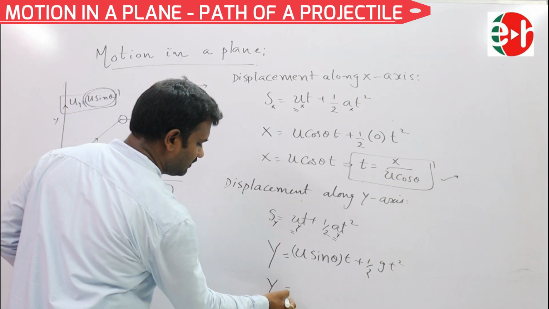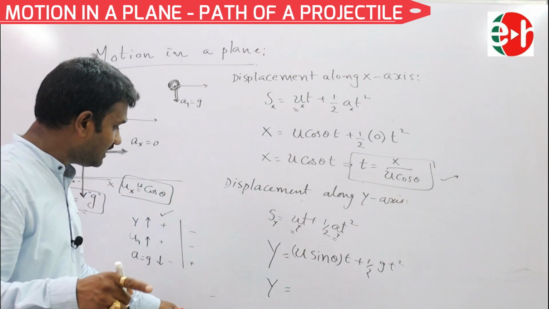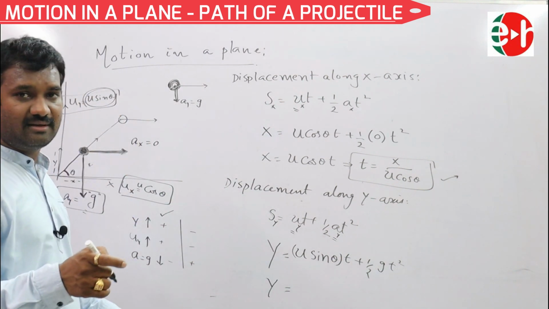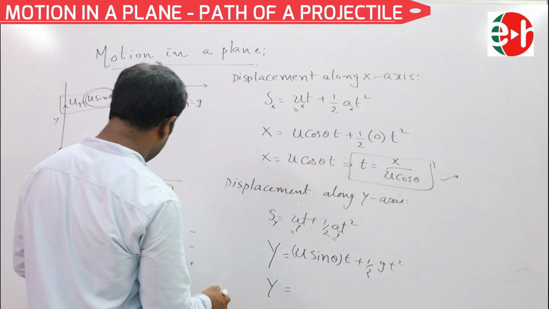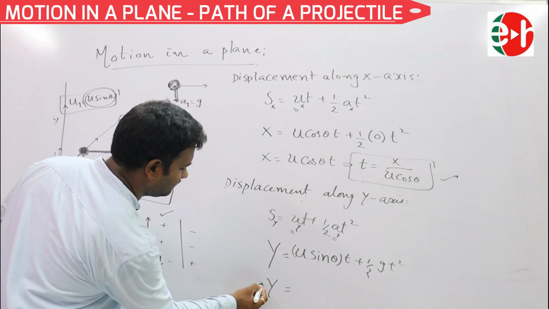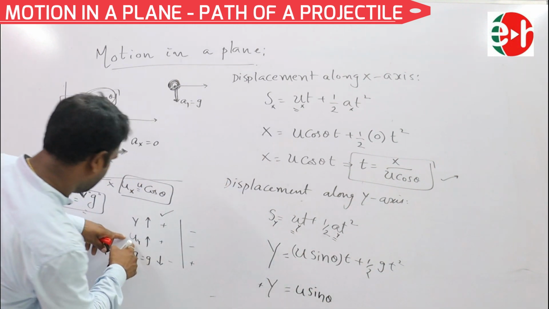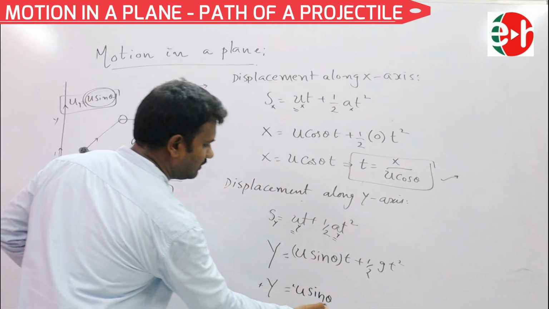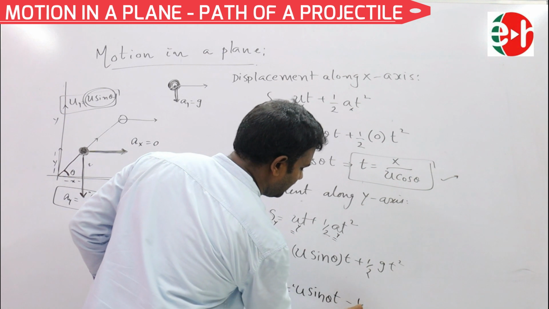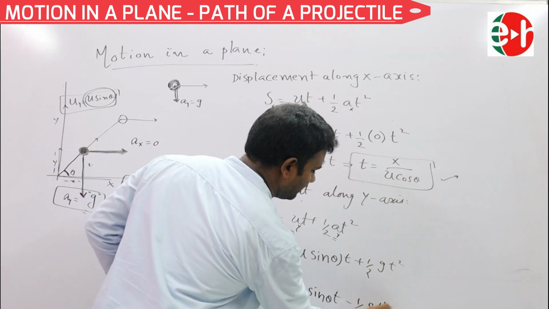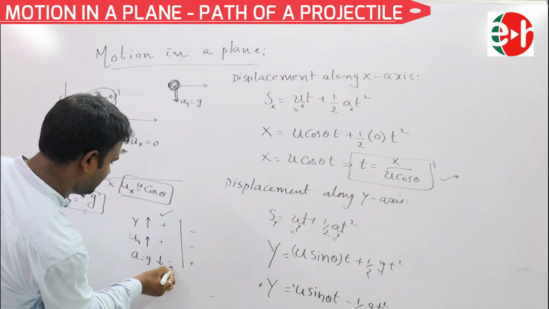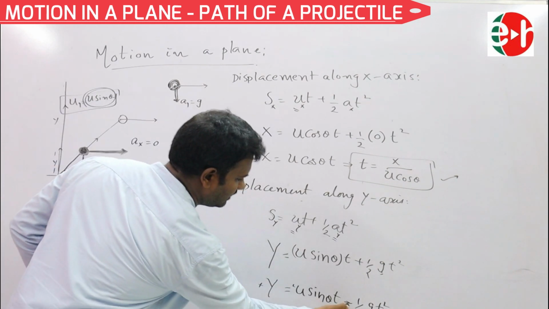So y equal to, if you wish, you try with the other sign, you will get the same answer. Try it. y equal to, y is plus u sin theta, u_y is plus, into t minus half g into t square. As g is minus, I wrote minus here.